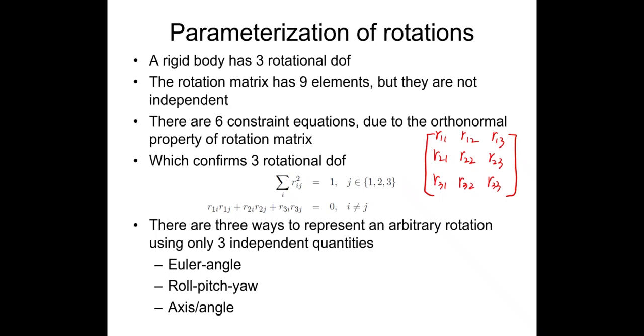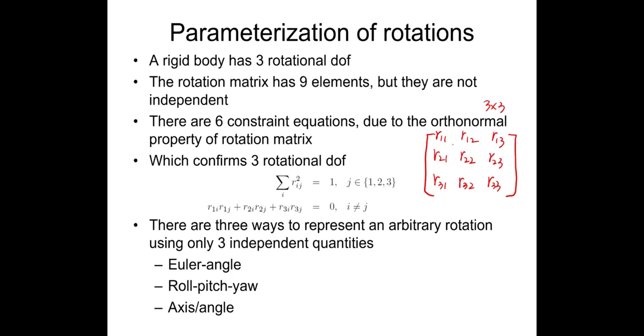Okay, so these Rij, they're all numbers. If we want to achieve a rotation from one frame to the second frame, we can use a rotation matrix to represent that. And this rotation matrix has 9 elements, of course, because that is a 3 times 3 matrix.